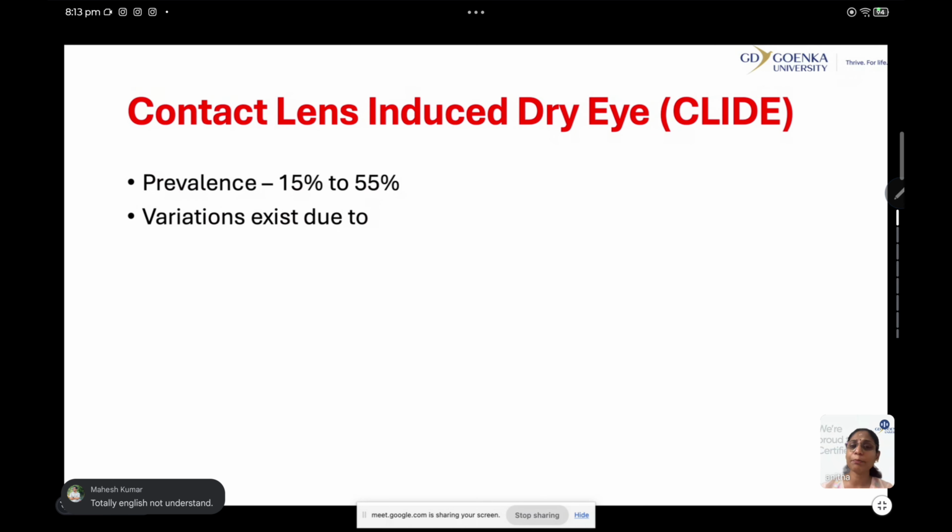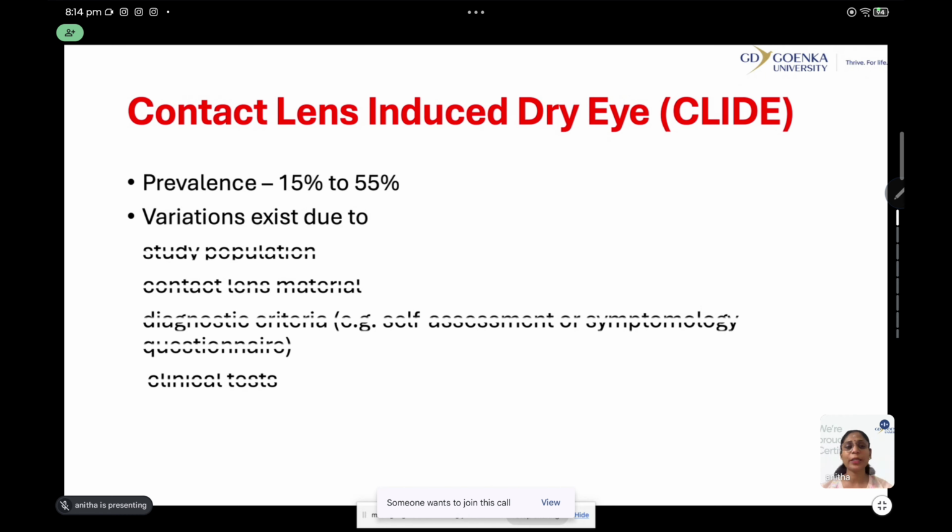Now, the prevalence of contact lens induced dry eye is variable. Nobody is too sure whether it is purely Clyde or a pre-existing dry eye wearer whose condition has aggravated, so there are many variations in prevalence. Also, the tests used to diagnose Clyde are not uniform, because of poor understanding amongst practitioners. Why this huge variation?